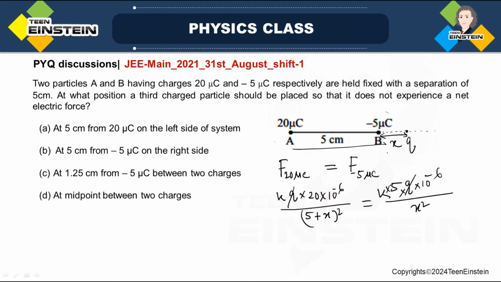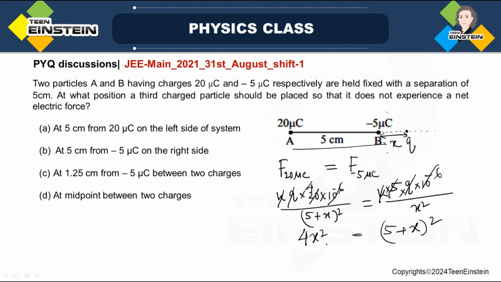This Q I can strike out, this K is constant, this 10 to the power minus 6 I can strike out. So what I get? I get 5. I can simplify a little bit. So 4x square is equal to 5 plus x whole square, right?